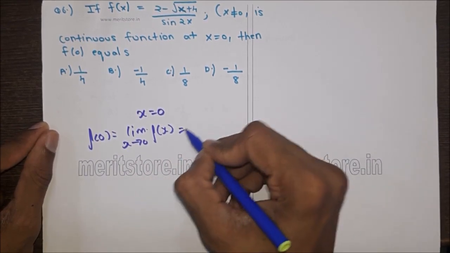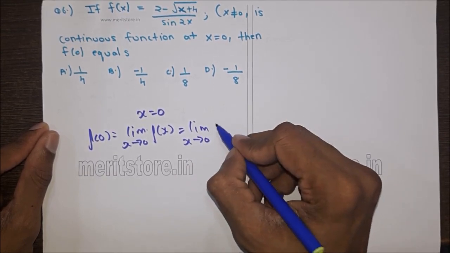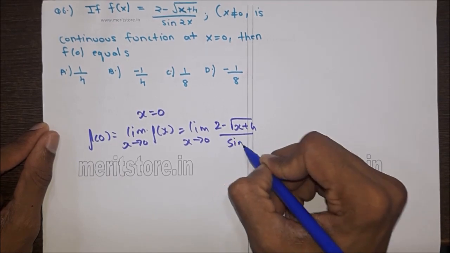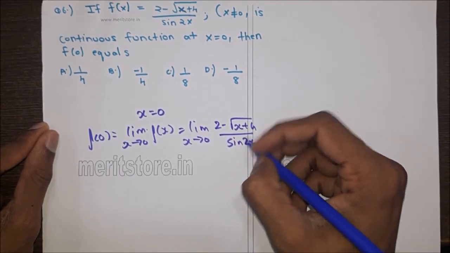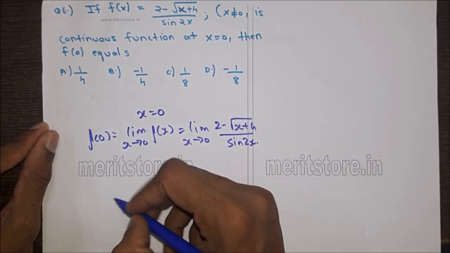should be equal to the limit as x approaches 0 of (2 - √(x+4))/sin 2x, which is in the form 0/0. So we can apply L'Hospital's rule.